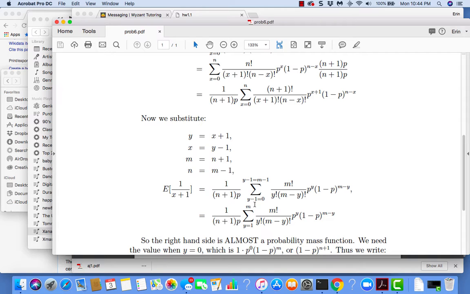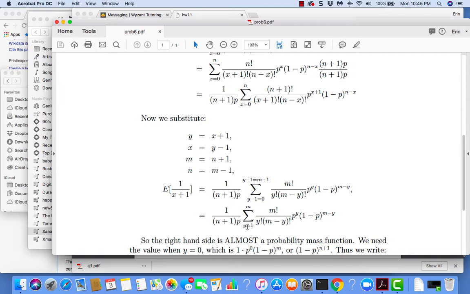I have the summation from y minus 1 equal to 0 through y minus 1 is equal to m minus 1 of m factorial over y factorial times m minus y factorial times p to the y times 1 minus p to the m minus y power.